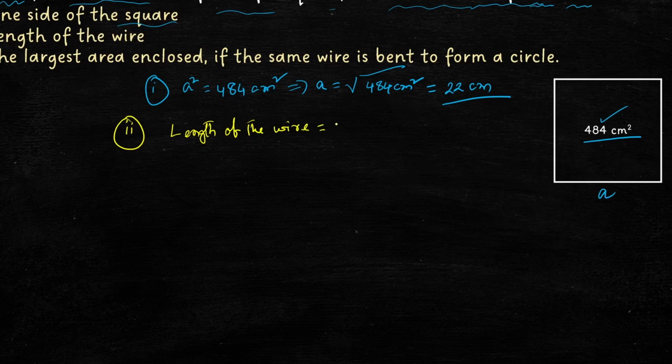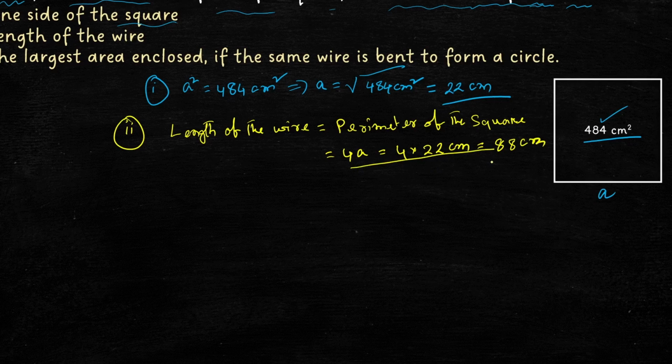Length of the wire is equal to perimeter of the square, and that is equal to 4a, 4 multiplied by 22 centimeter. So this is equal to 88 centimeter. The length of the wire is 88 centimeter. If the length of the wire is 88 centimeter, the same wire is used to form a circle.